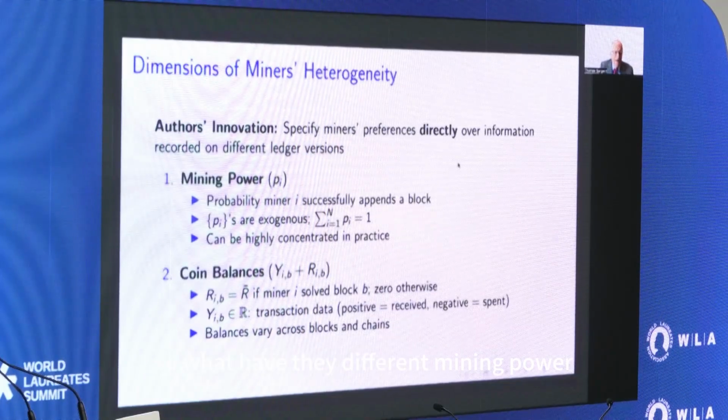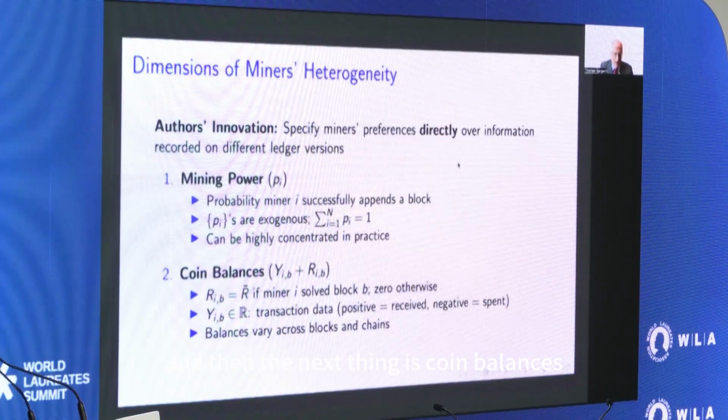So how do they differ? Mining power, pi. There's just going to be a probability that miner i successfully appends a block. The pis are exogenous. They hardwire that. They have to add up to 1 as probabilities, and they can be highly concentrated in practice. Some miners can be a lot more influential than others.